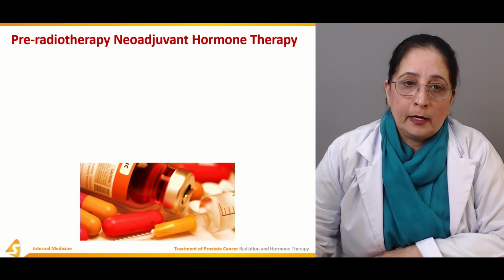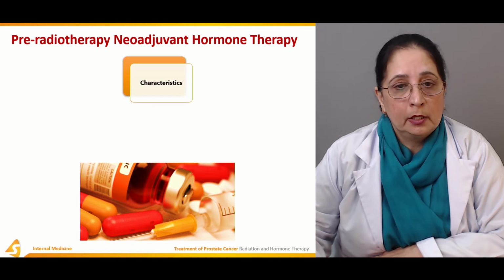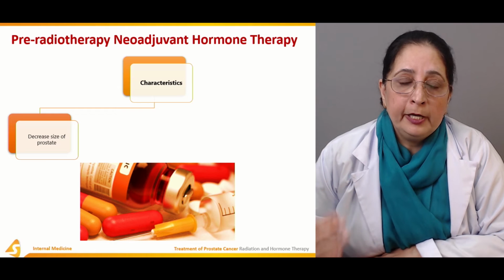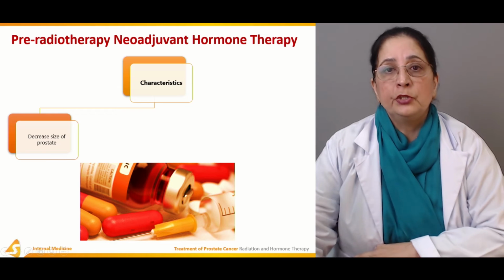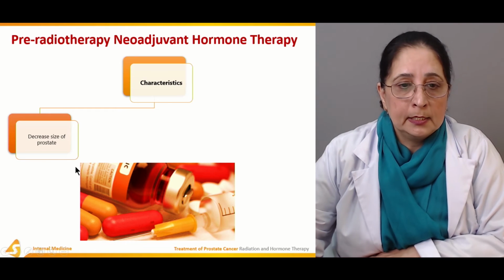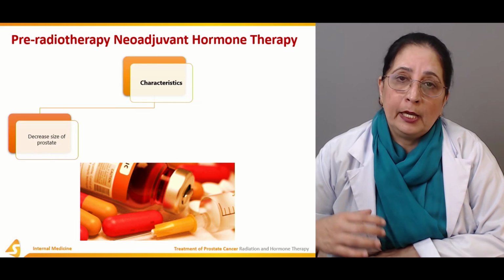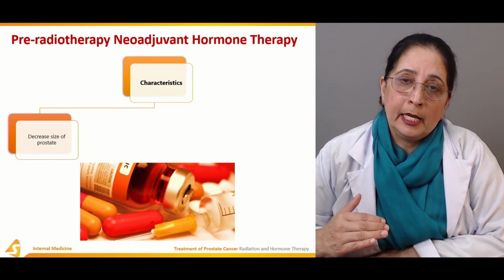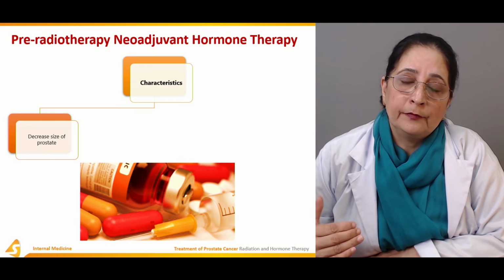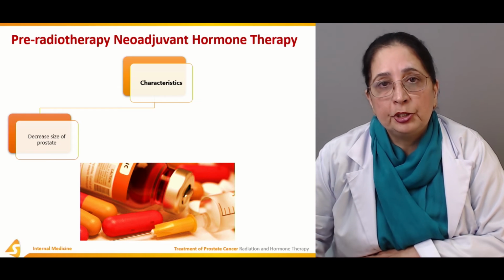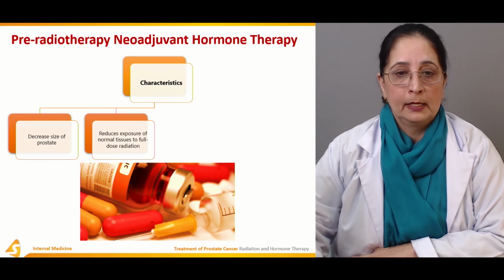Pre-radiotherapy hormone therapy: these are its characteristics. Neoadjuvant hormone therapy decreases the size of the prostate. So before the radiotherapy, the hormones that can be used decrease the size of the prostate, and it's more helpful when radiation therapy is used.